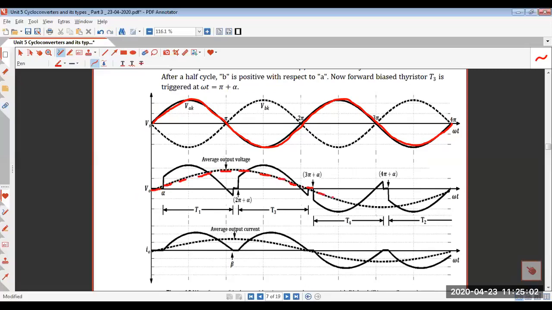That means for two complete cycles of the input supply, we are getting one cycle of output voltage. So the output signal frequency F naught is half of Fs, right?